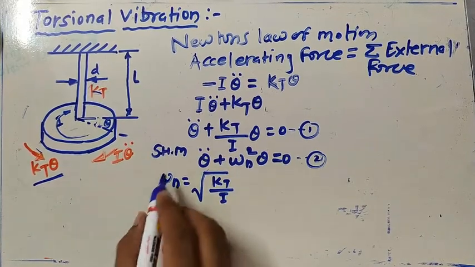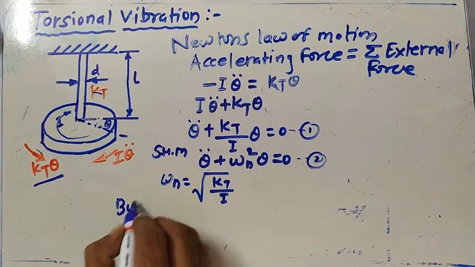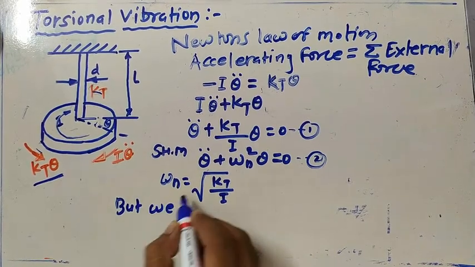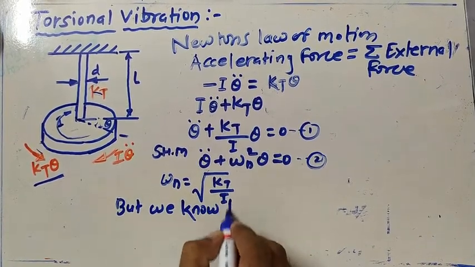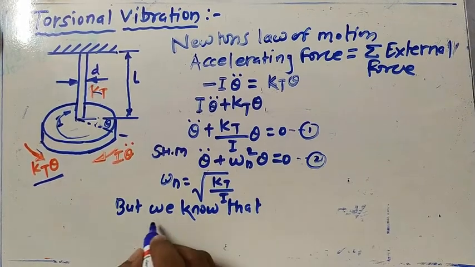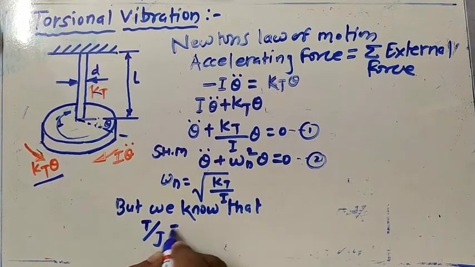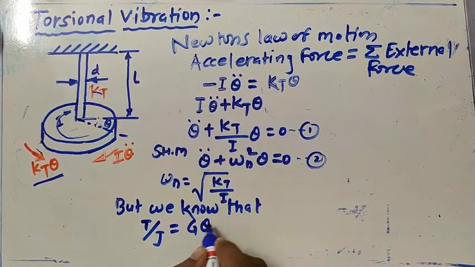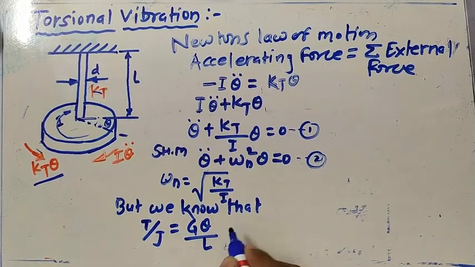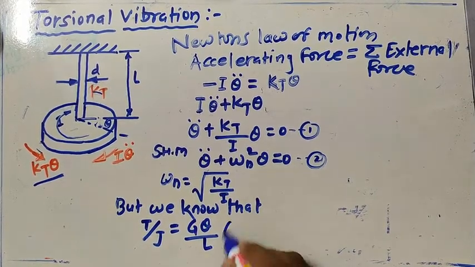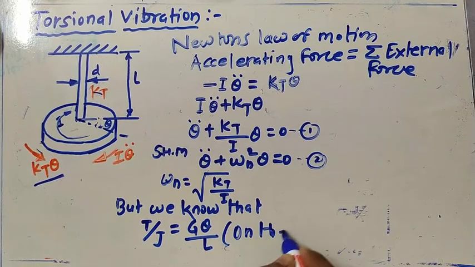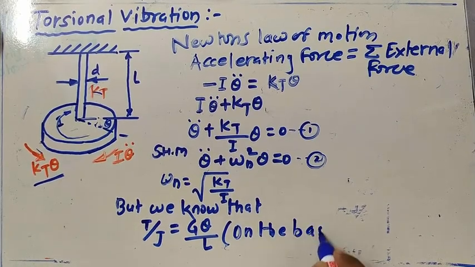But we know that T divided by J equals G theta divided by L, the basis of rigidity.